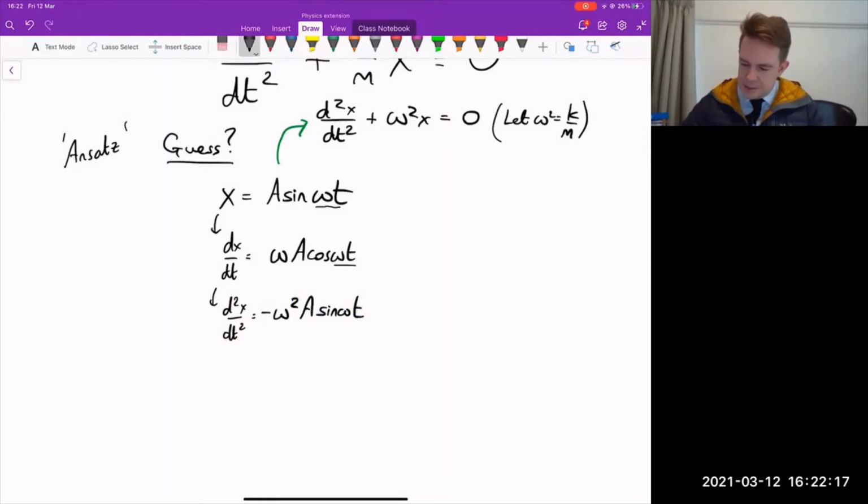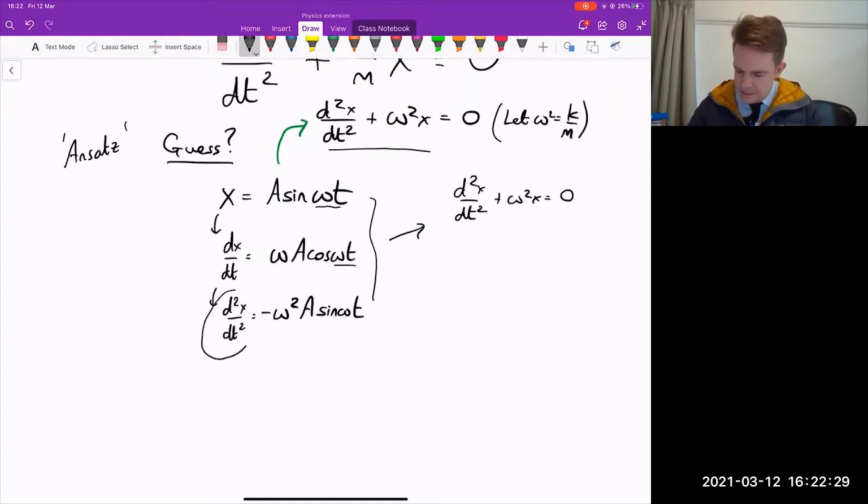Now let's substitute this into this equation. So we've got d2x by dt squared plus omega squared x equals 0. If I substitute in this here for the first term, I get minus omega squared a sine omega t.